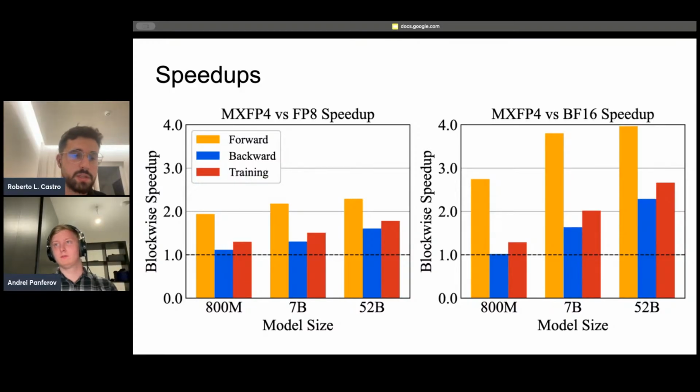We can see that the speed up of the forward pass with respect to FP8 is up to around 2.2, the backward up to 1.5 or something like that. And the difference in performance between the forward pass and the backward pass, as I mentioned, is that we have invested a lot of time on the forward, not so much effort on the backward yet, but we are working on it, and we are going to release the kernels soon and also improve these results.